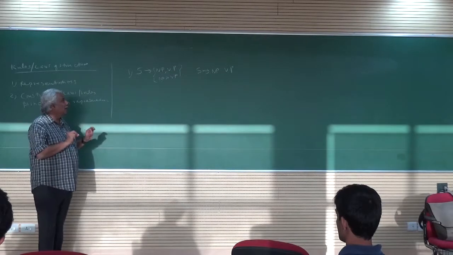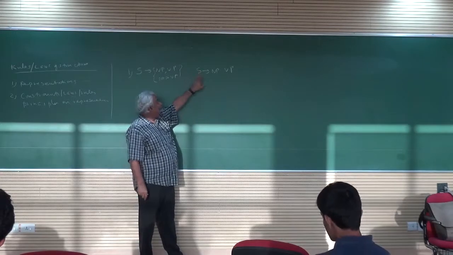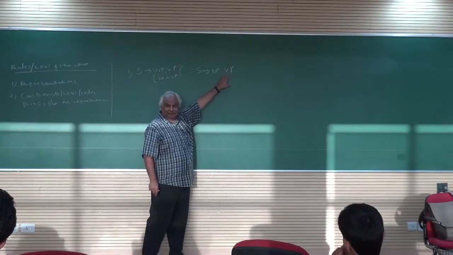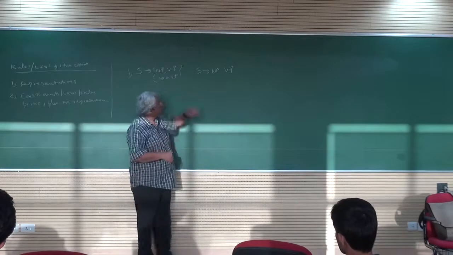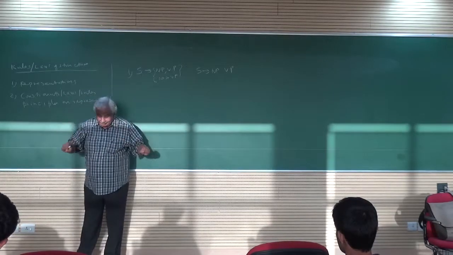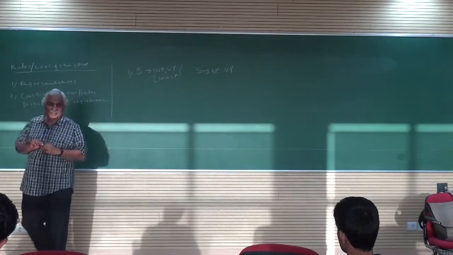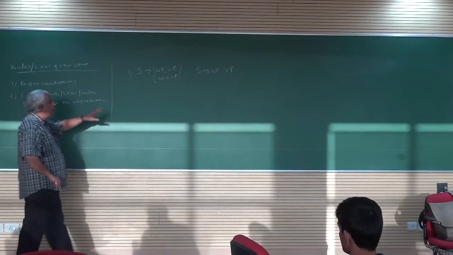I'm separating two kinds of information. This one says the symbol S goes to NP and VP, and NP precedes VP. In textbooks the two things are integrally combined. I'm separating the precedence relation and the pathway relation, and there's a reason for doing that. It will become clear later. So I want to write it like this.